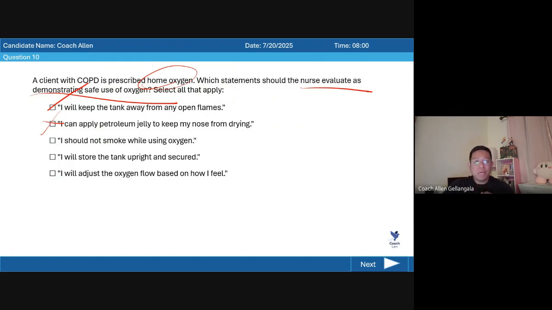What's the best way for us to ensure continuous moisturization when using oxygen? We need to attach it to a water source. It's not just directly from the oxygen line. You need sterile water through which your oxygen is running.